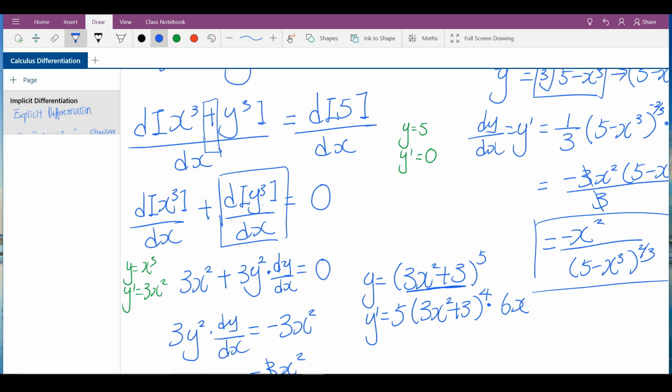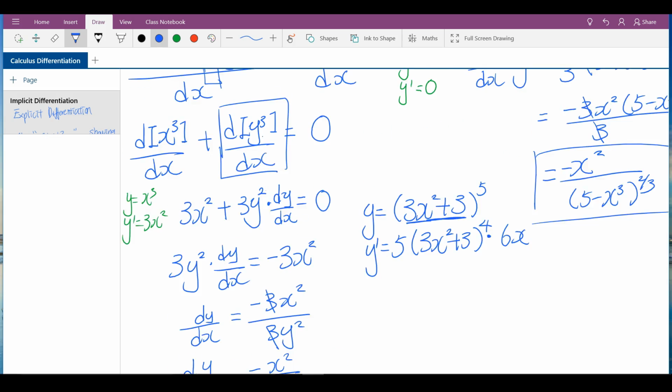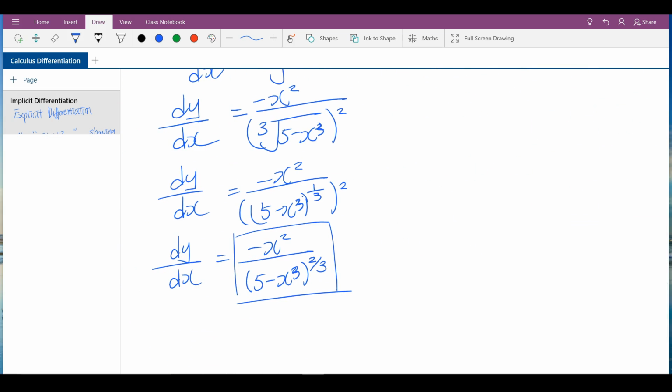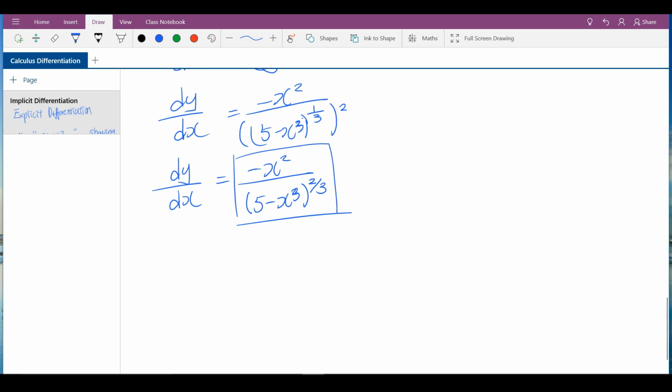You bring the power to the front, and then the power -1, and multiply by the derivative of the inside. Knowing that will give you the same answer as differentiating it explicitly, right? Isn't that amazing? Knowing that is actually much more powerful, much more useful than you think.